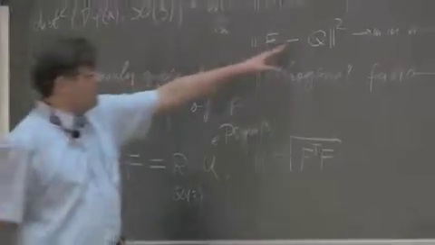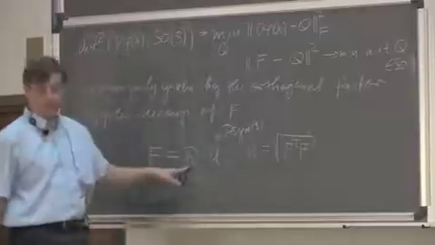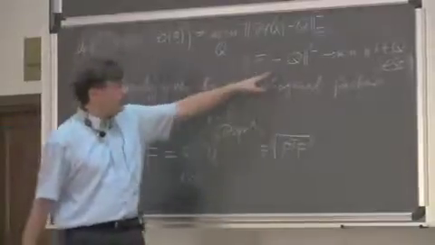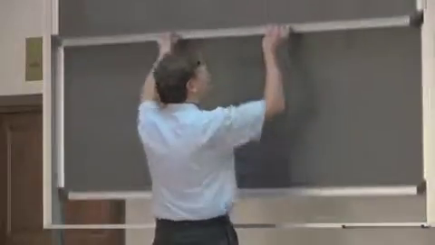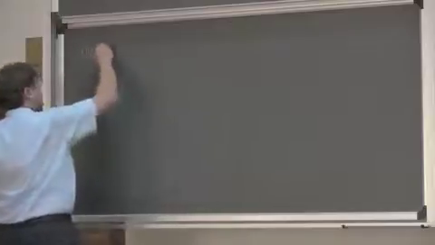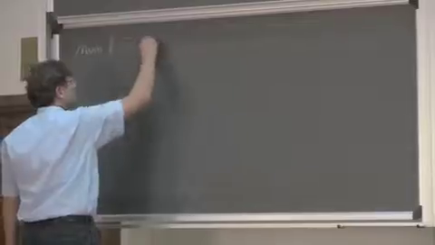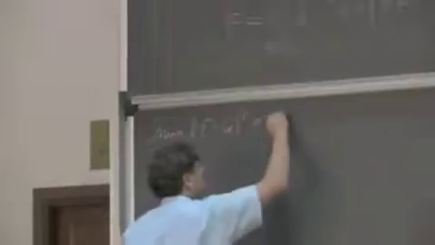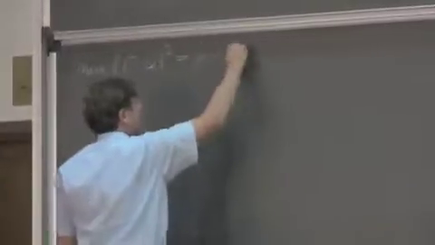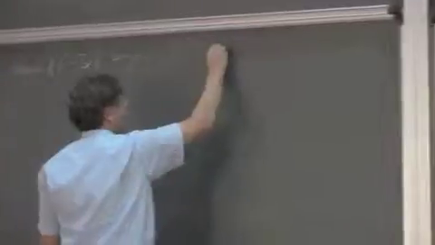And now, the optimal Q being this rotation, we can calculate this to be the minimum of F minus Q is equal to the minimum of Q transposed F minus the identity.